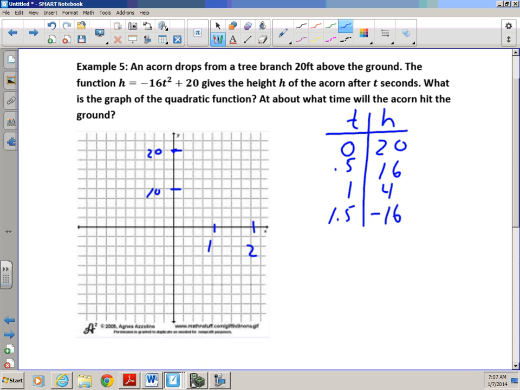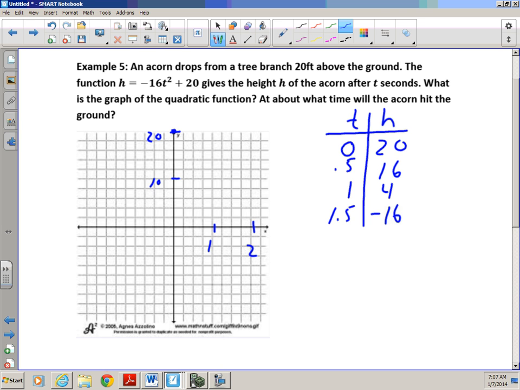So at 0 seconds, I'm at 20 feet high. At half a second, I'm at 16 feet. Okay. And let me just move this up 2 more. So 2, 4, 6, 8, 10. Yeah. 2, 4, 6, 8, 10, 20. Okay.